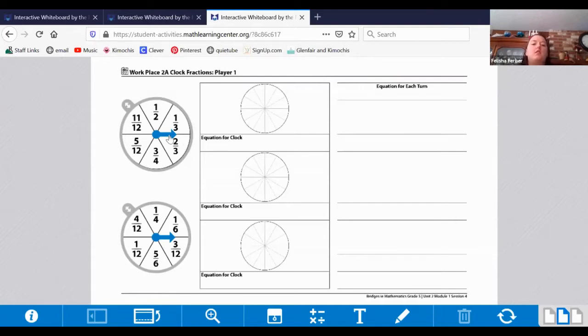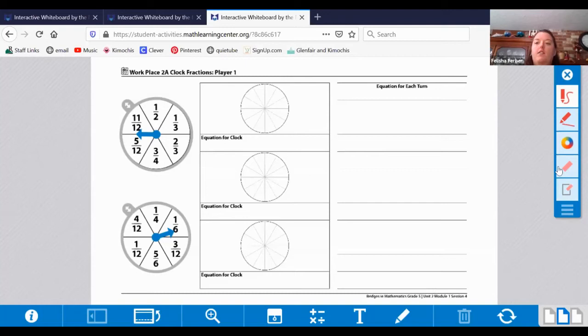So the way the game works is player 1 is going to spin both spinners. And you're going to need your pencil for this. So the first one, oh, that was a line, so that's not helpful. Let's spin that one again. Okay. So for the first one, I have 11 twelfths.